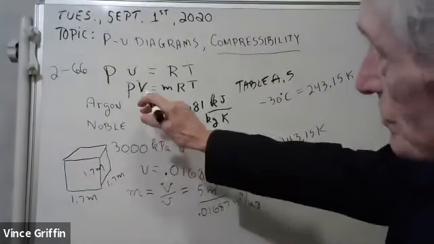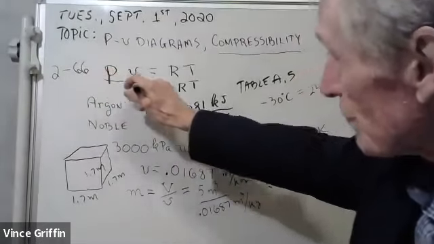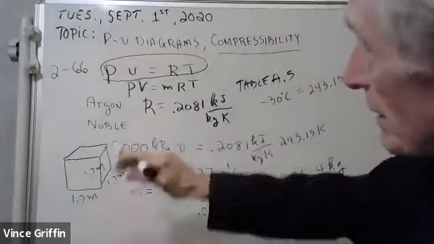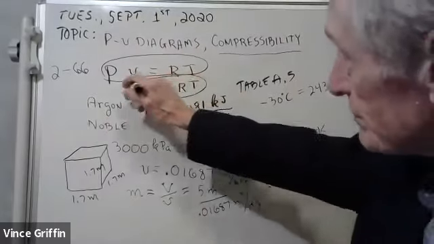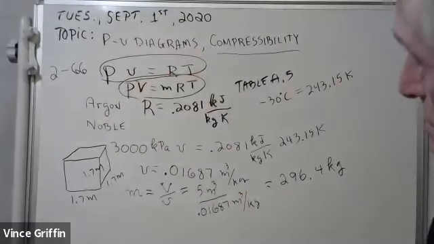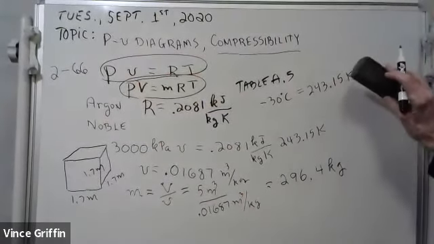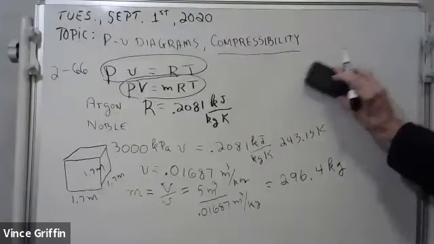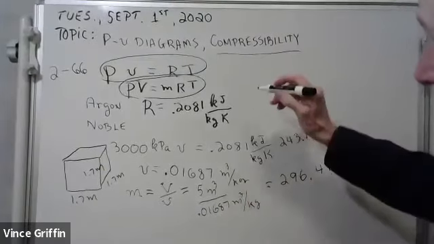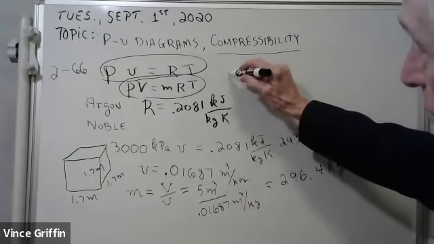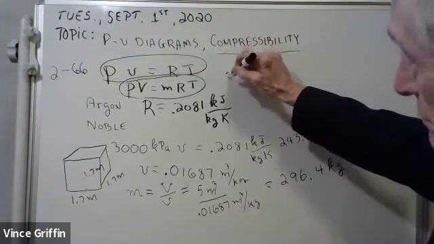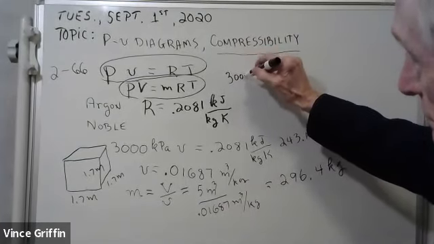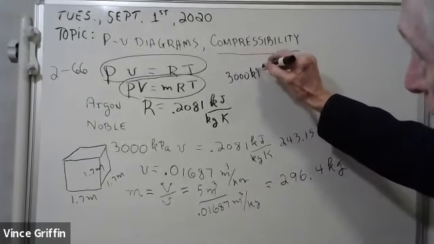Now let's use this formula. Okay. I need some room. How about right here? There's some room right here. Okay, the pressure is 3,000 kilopascals.